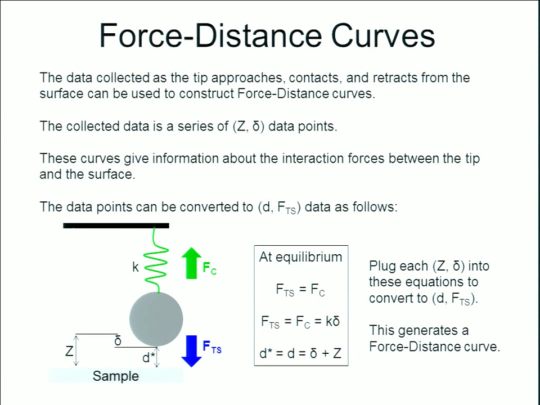So this is basically how to use the AFM not as a microscope, but as a way of measuring force distance curves and therefore determining information about the surface energies or interaction forces at your sample surface.